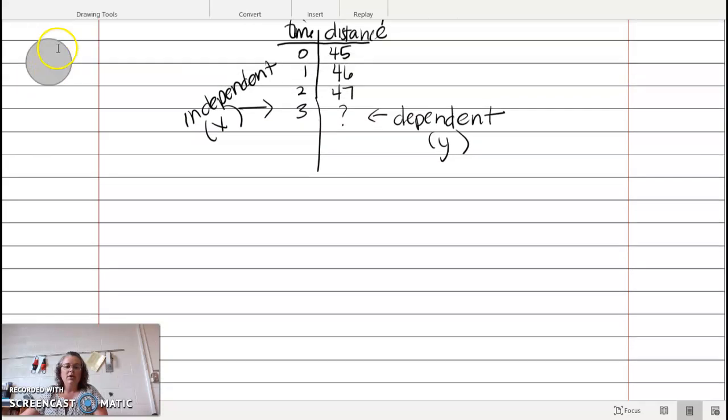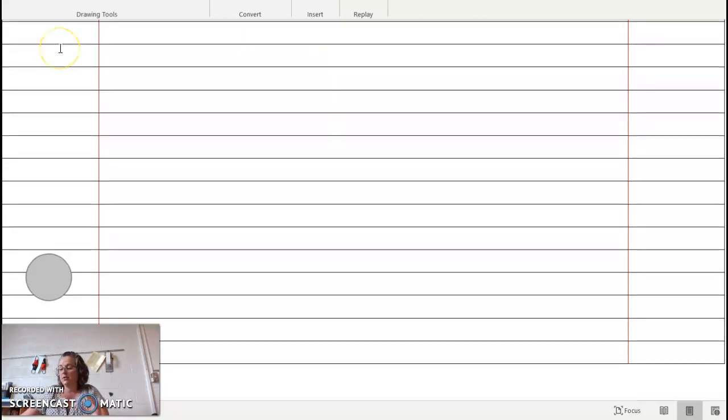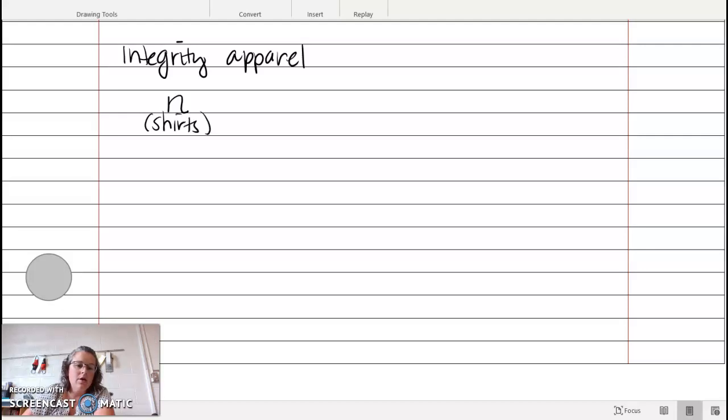Okay, so your warm-up for this problem, we're going to have you do on your own. We're going to look at, let's say, Integrity Apparel, used to be Smitty's. But let's say we're charging per shirt. So we have number of shirts versus the cost for the shirts.